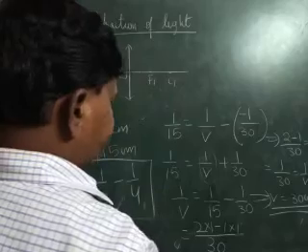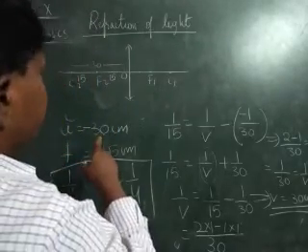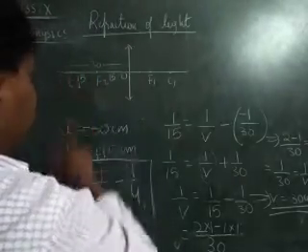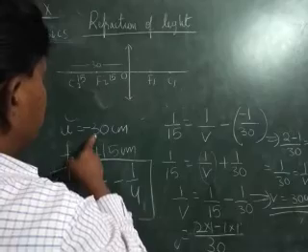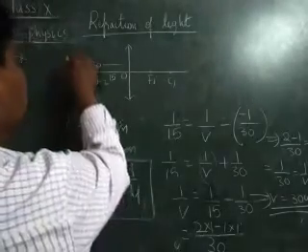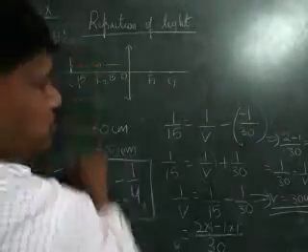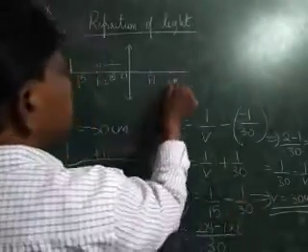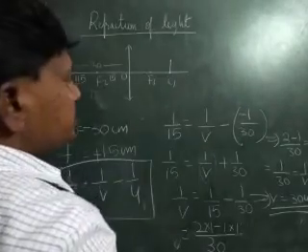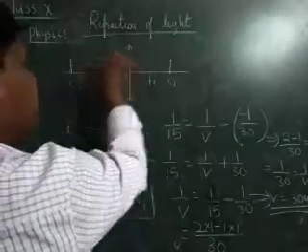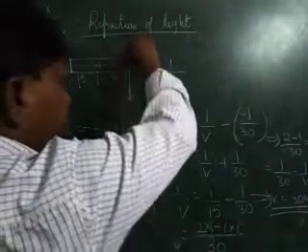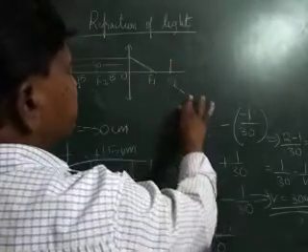Okay, children. Here the object is at 30 centimeter. Image, how much did we get? Image also 30 centimeter. Therefore, here normally the image will be formed like this.